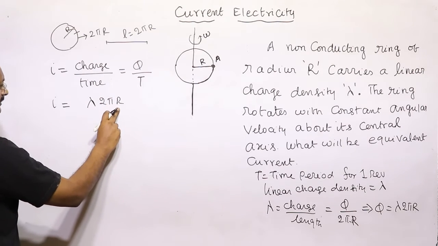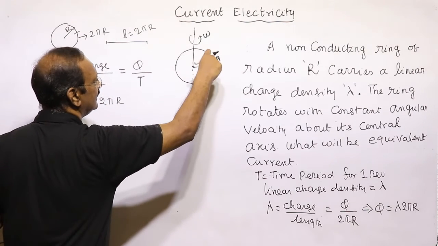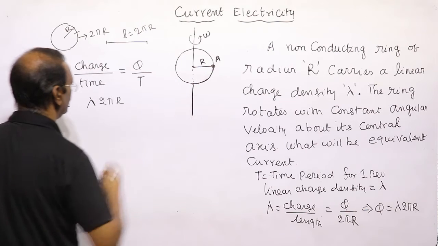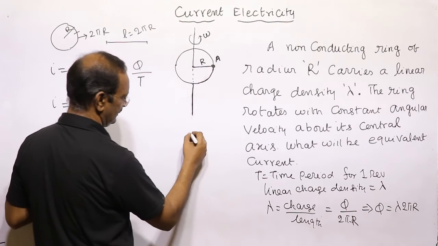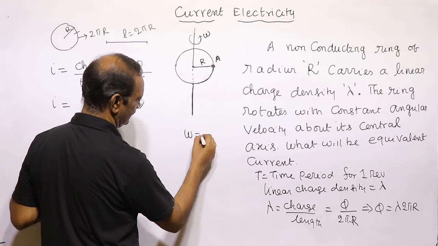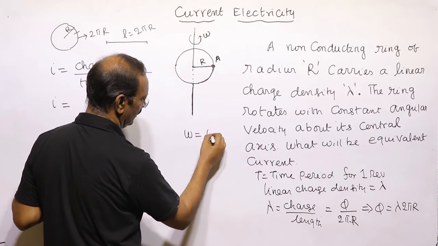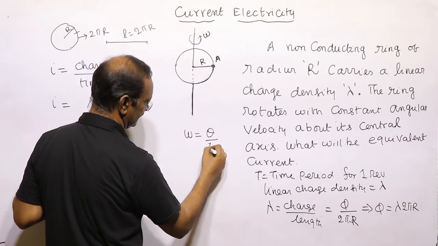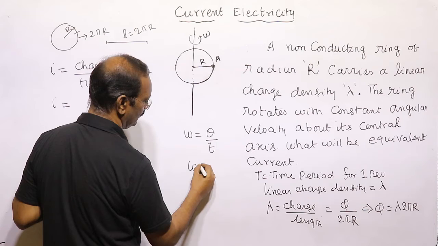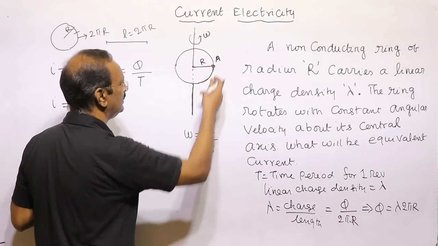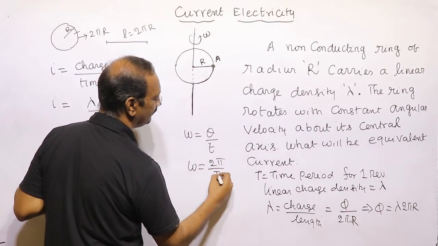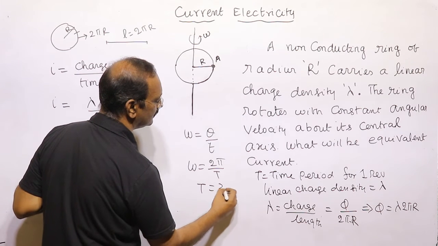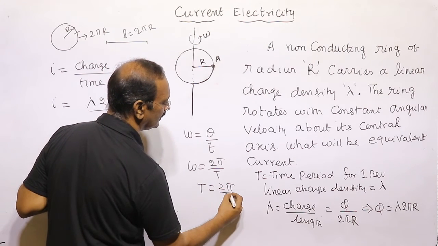For the time period, angular velocity is angular displacement by time; for one revolution, angular displacement is 2 pi, so T is equal to 2 pi by omega.